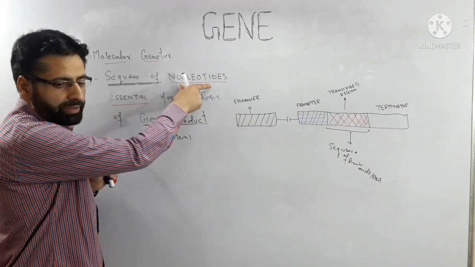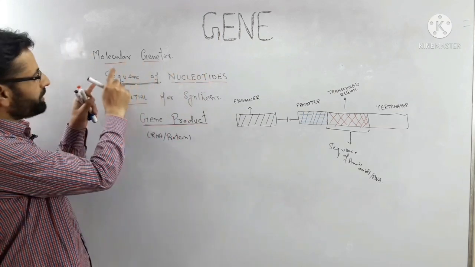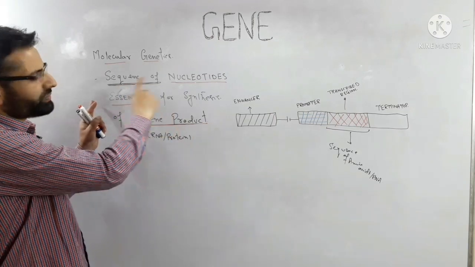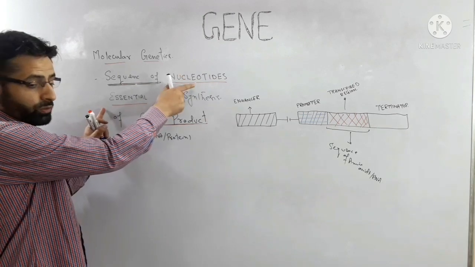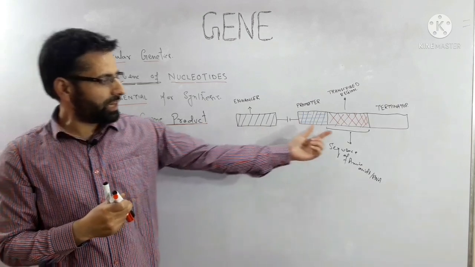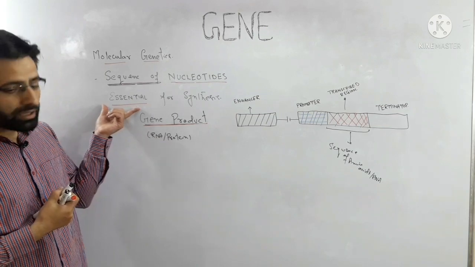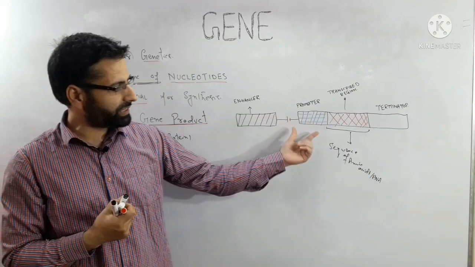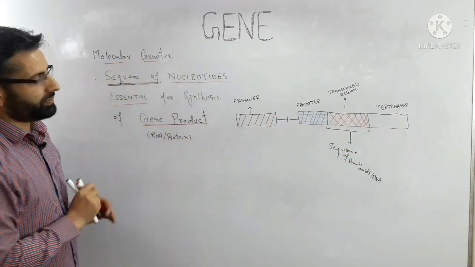That is, the basic chemical nature of the gene is nucleotides, and these nucleotides should be present in some specific sequence. Change in sequence can usually affect the survival of an individual. Then, are all nucleotide sequences essential? No, only those sequences which can affect the functioning of the gene. Coding sequences by themselves are essential, and some non-coding sequences which directly affect the activity of the gene are included in the definition of the gene.